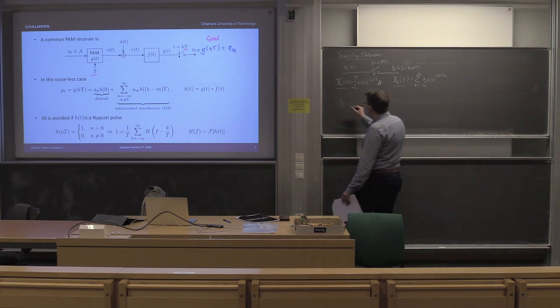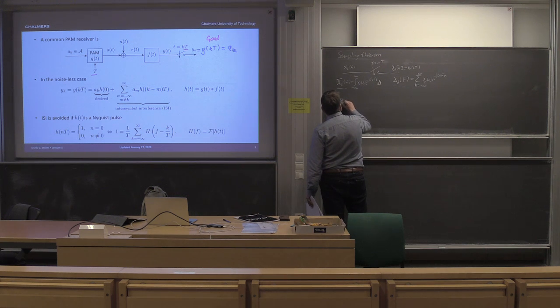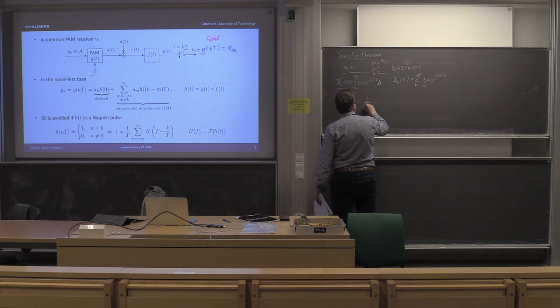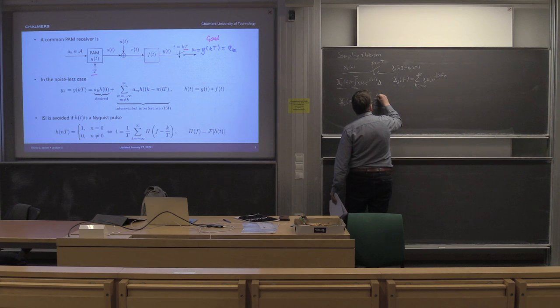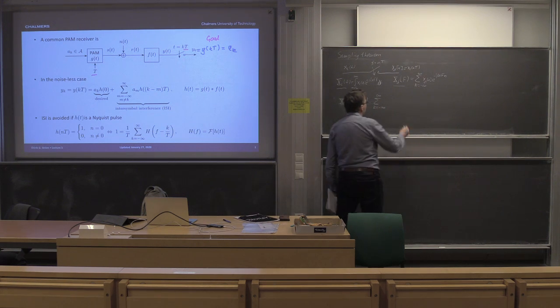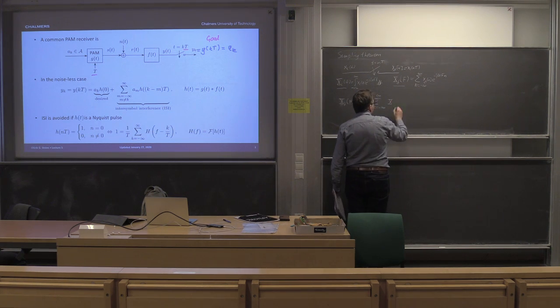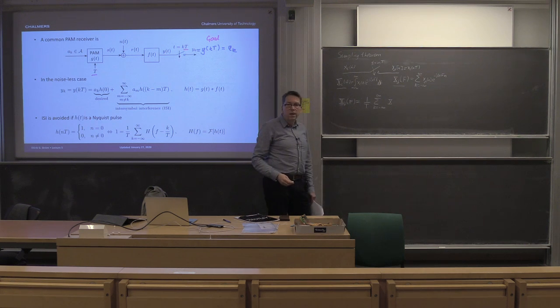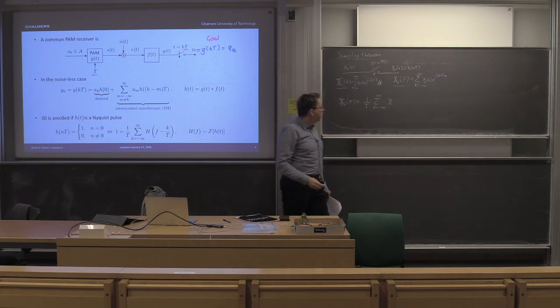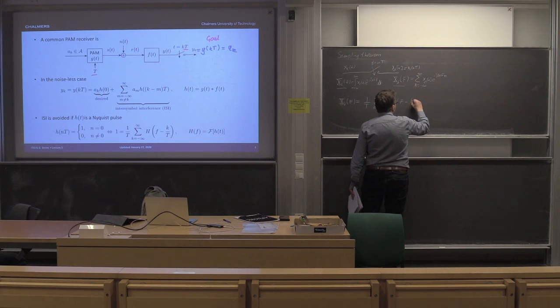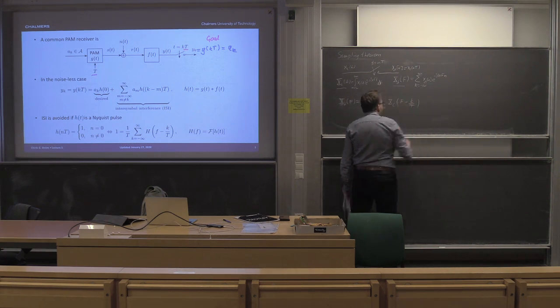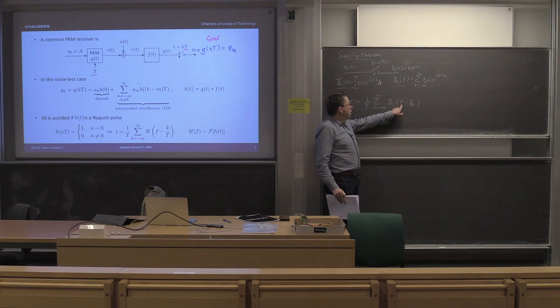And that formula is that Xd of F is 1 over t times the sum over k from minus infinity to infinity of Xc, the Fourier transform of the continuous signal, evaluated at capital F minus k over t, like this.